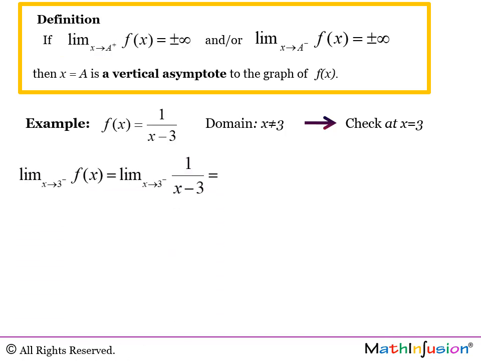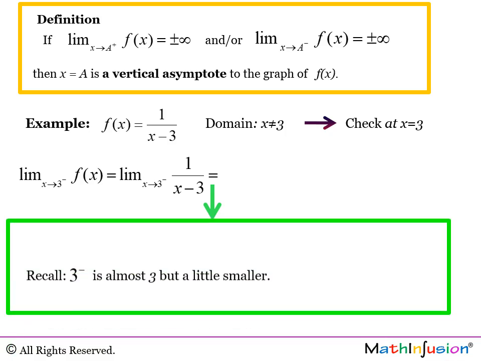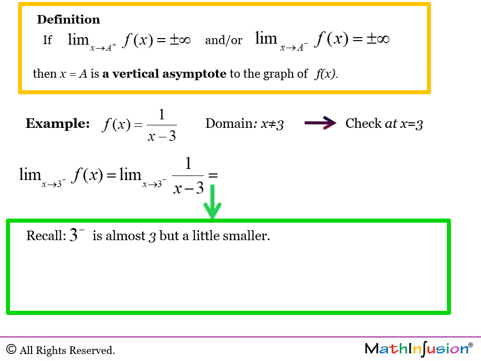We're also going to take the other limit. x equals 3 is already an asymptote, but we still want to evaluate this. And again, I would like to recall 3 minus is almost 3, but a little smaller. And we get that x minus 3 is a very, very small negative number.